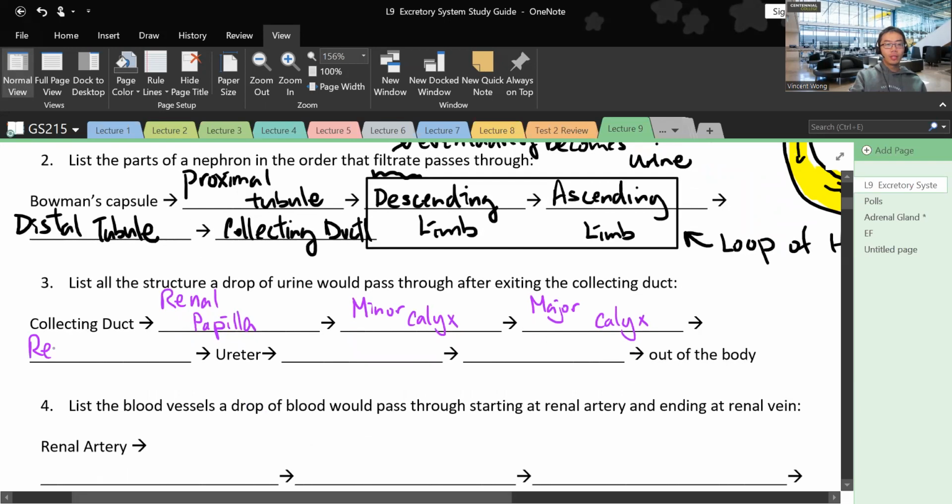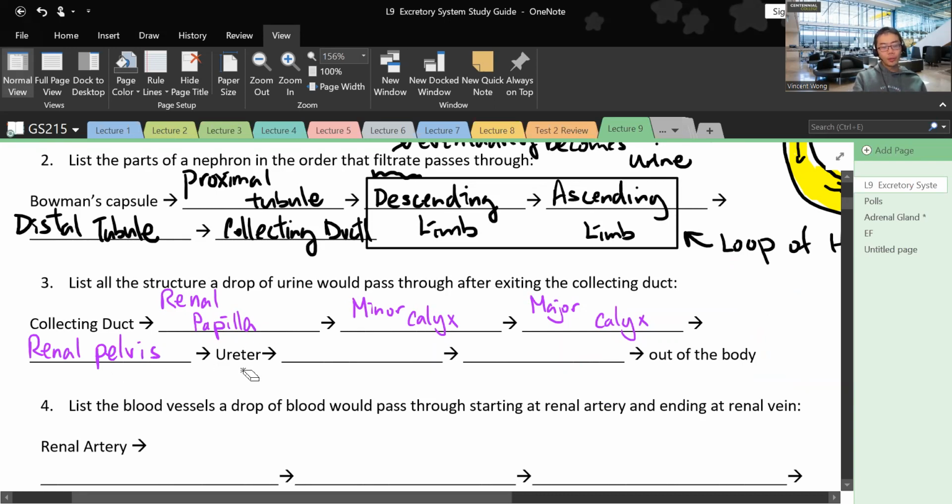Then we will go into the renal pelvis. And remember the kidney, right? And then the thing comes out, that's the ureter. That's the renal pelvis, the big area immediately coming out from the kidney.